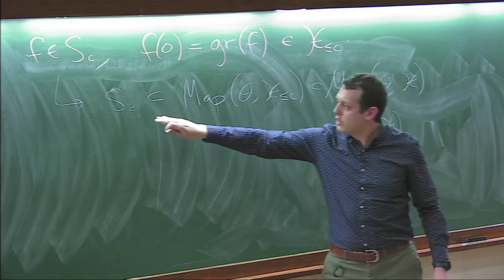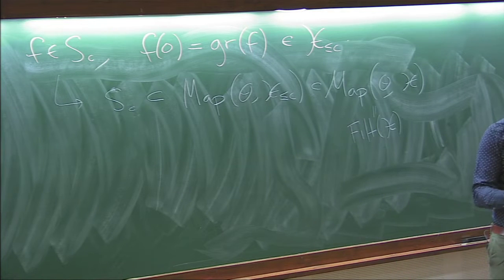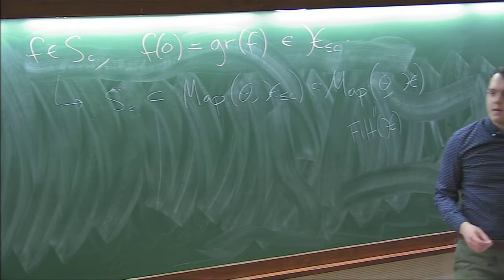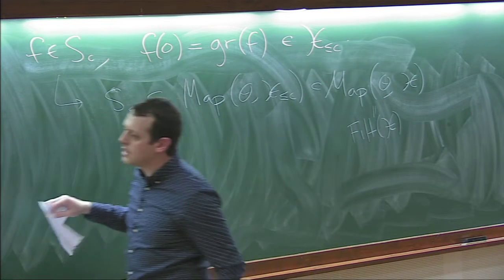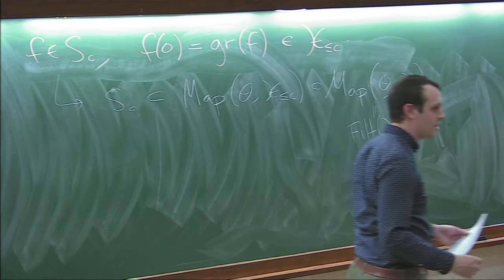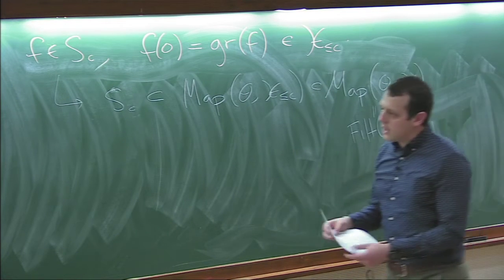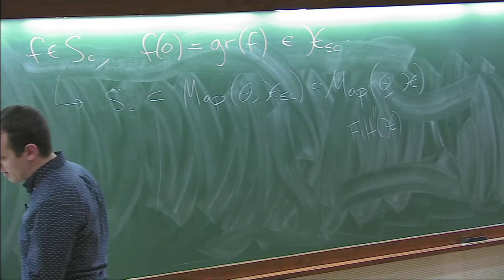The fact that you can identify this as living inside the mapping stack allows you to do many inductive arguments. This guarantees that the definition is stable under throwing away a bunch of strata. If you didn't have that, you could throw away strata and no longer have a theta stratification. So that's what 3 allows you to do.